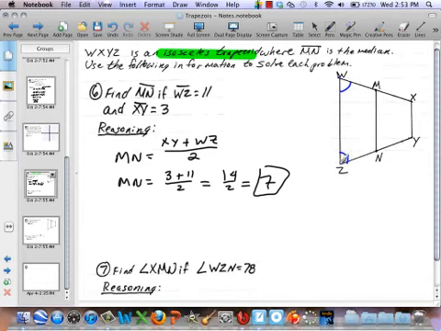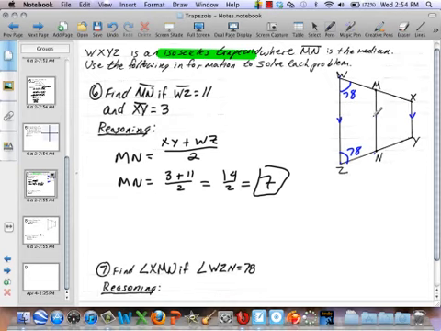So if angle Z is 78, what does that make angle W? 78. Now, because it's a trapezoid, WZ and XY are parallel. What about MN? It's half the sum of the bases. Is it parallel to my bases?